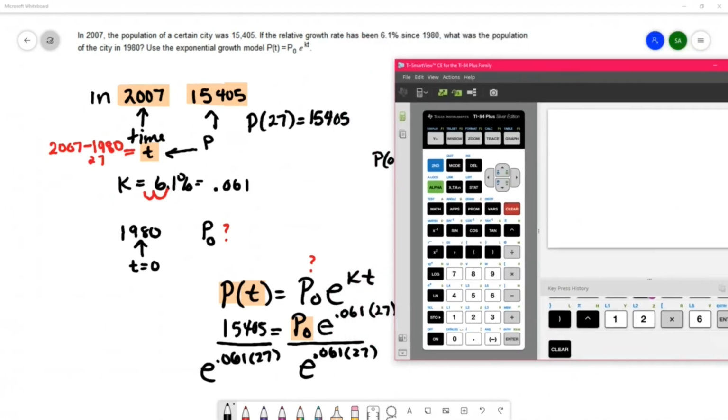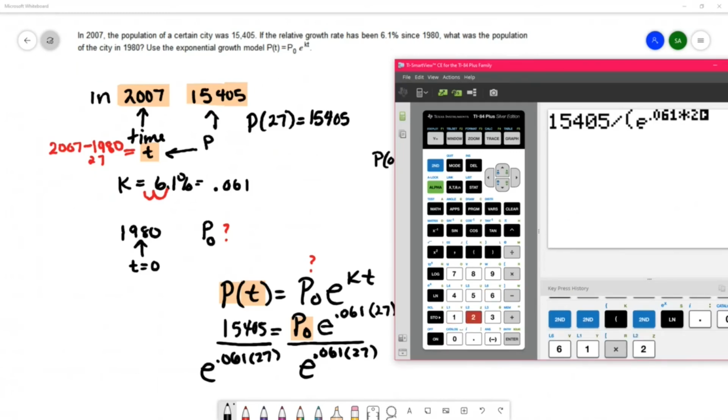We have 15,405 divided by, and I need parentheses around my denominator. The E button here is above ln, in blue. 0.061 times 27. And I need to close parentheses for the denominator.